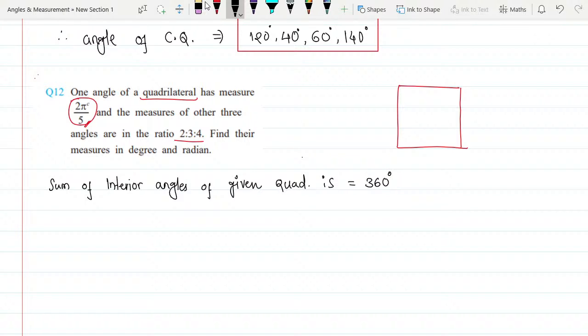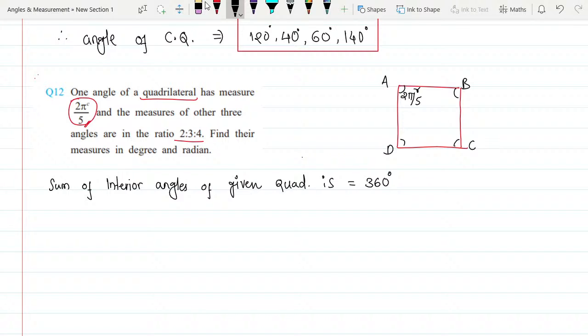One angle is given. Let's take this as quadrilateral ABCD. Of course it's not a square. The first angle is known as 2 pi by 5, in radian, and the other three are in the ratio 2:3:4.